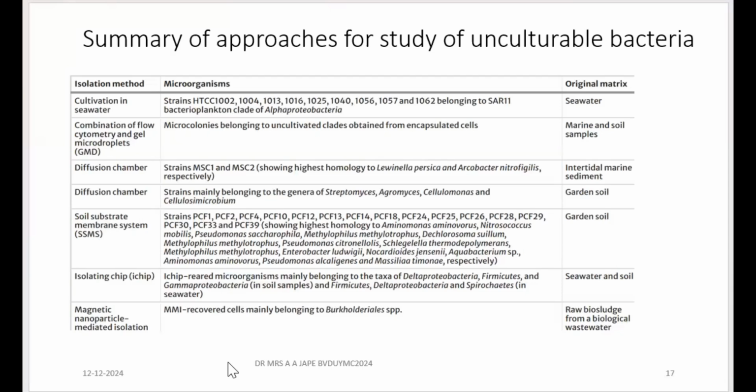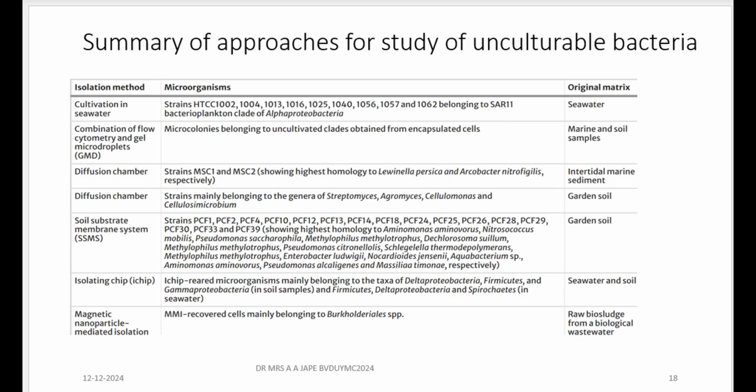So isolation chips are used for isolation of bacteria and have been successfully used to isolate bacteria belonging to taxa like Firmicutes and gamma proteobacteria, spirochetes, etc., from seawater. Then magnetic nanoparticle mediated isolation, MWI, is a method used for isolating different bacteria.